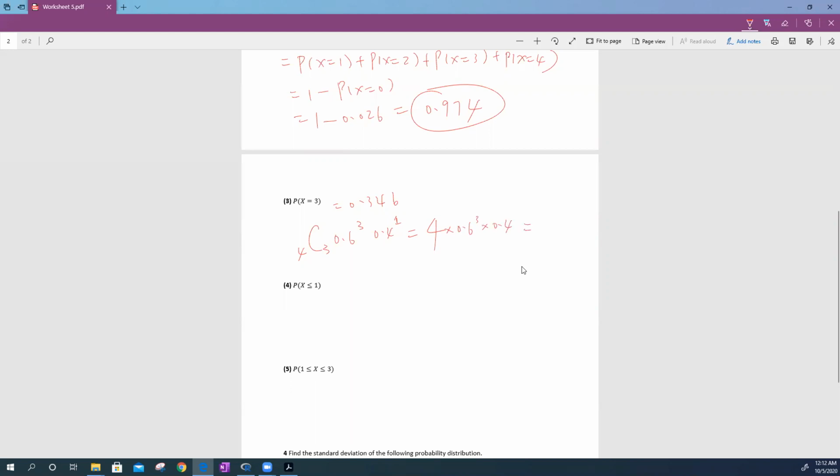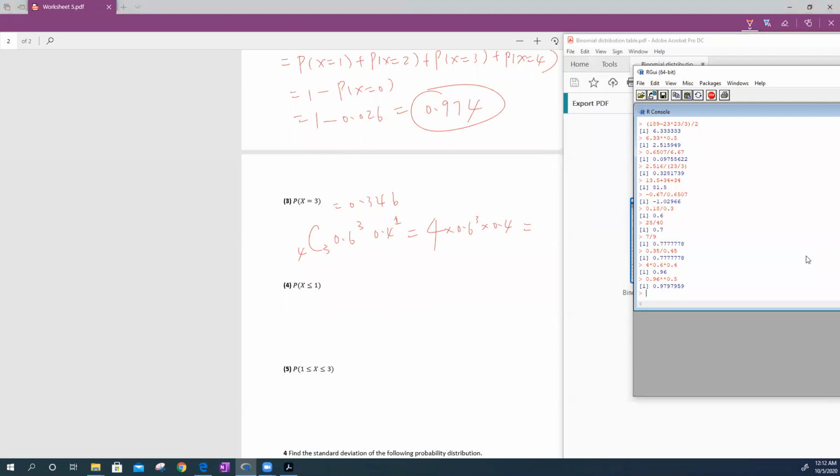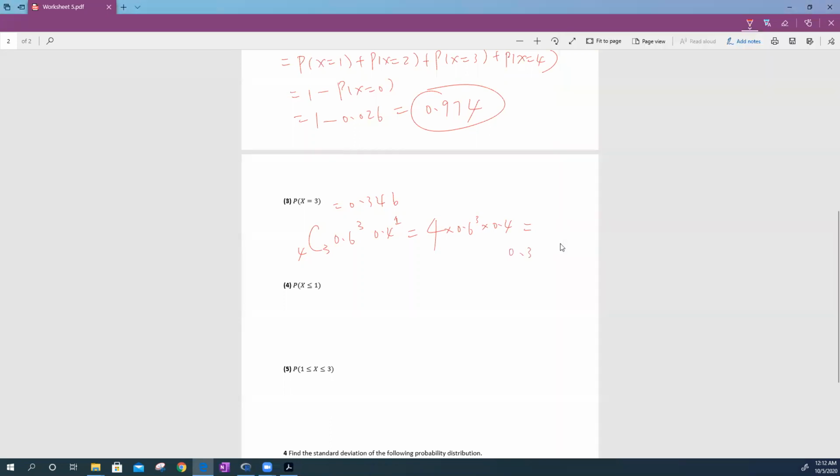So that gives us 1.6 times 0.6 to the power of 3. So 0.3456. And that is the probability. And this is from the table. They're the same.